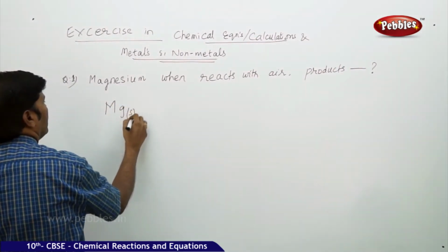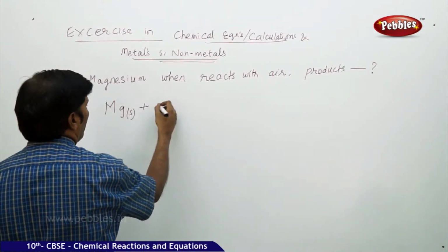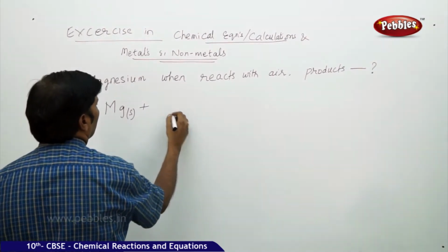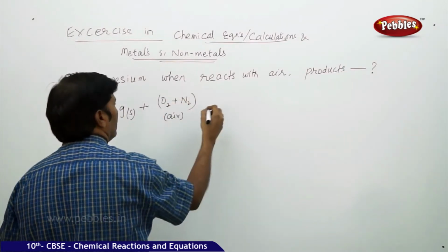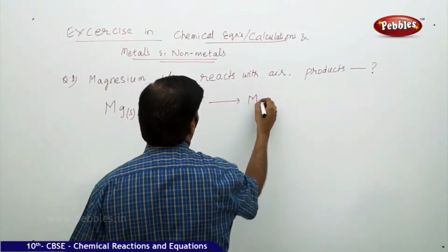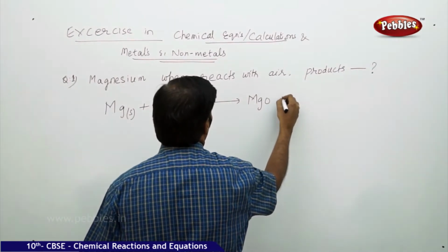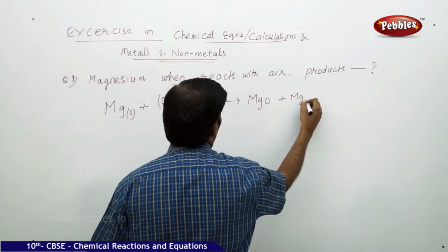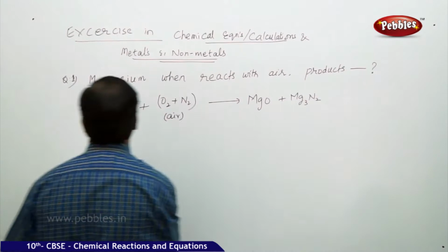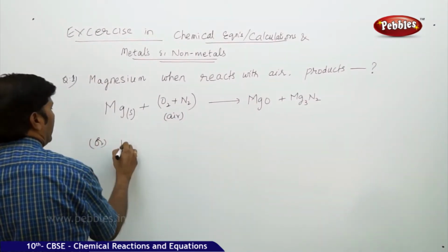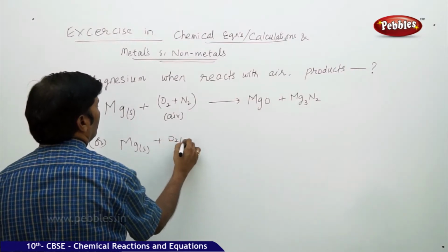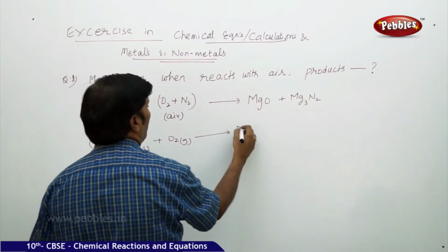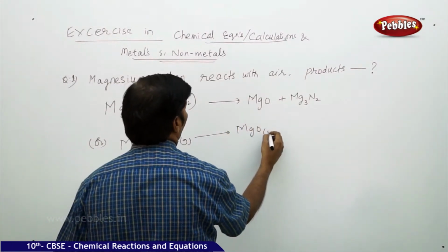Magnesium is a solid, and it reacts with air because air is a mixture. Air contains both oxygen as well as nitrogen gas. So there is a possibility for it to give both magnesium oxide and magnesium nitride, Mg3N2. You can write magnesium solid plus oxygen gas gives rise to magnesium oxide solid.